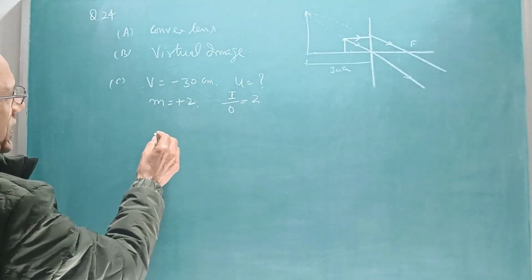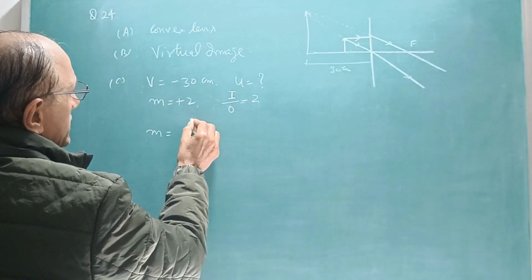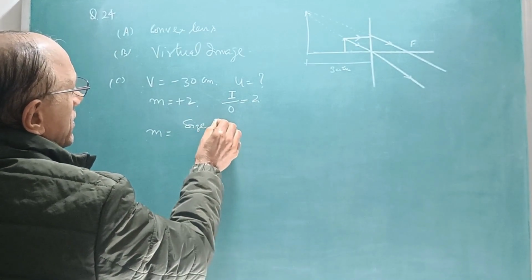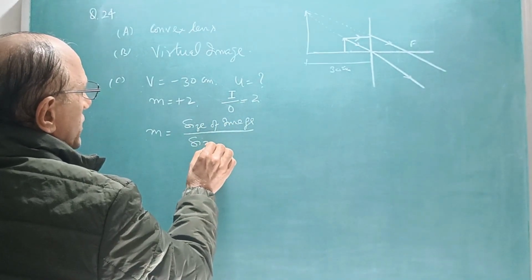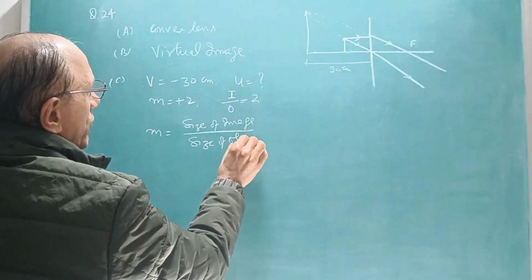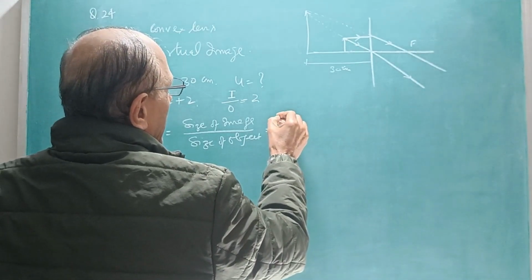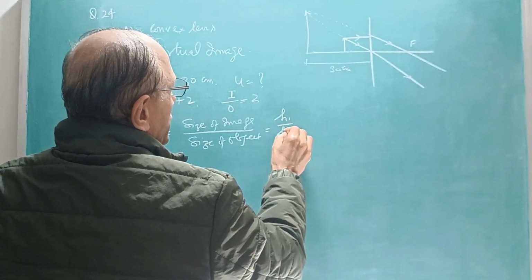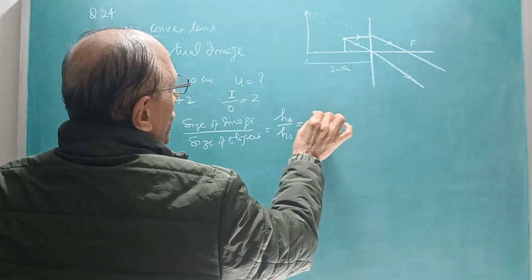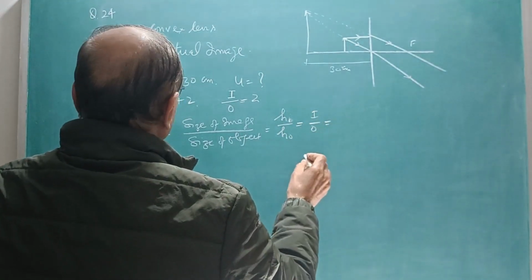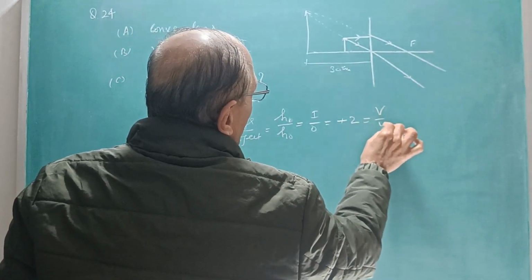So here we say m is equal to size of the image upon size of object. You can write hi upon ho, or I upon O, whatever suits you, that is equal to m, that is +2, and that is equal to v by u.